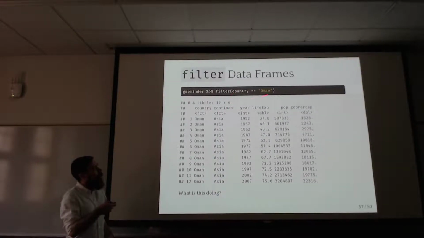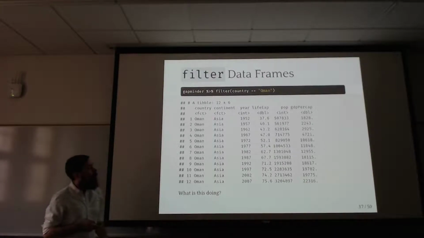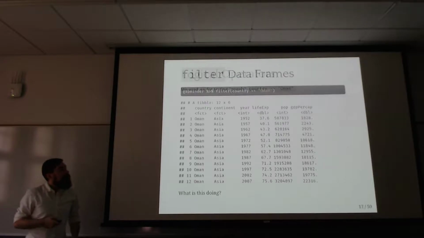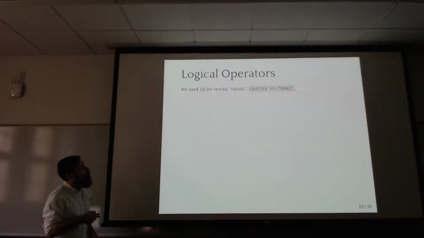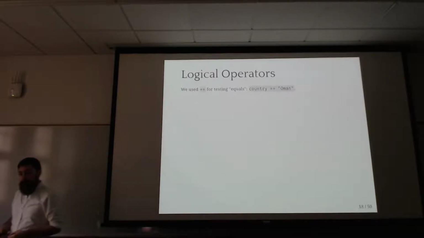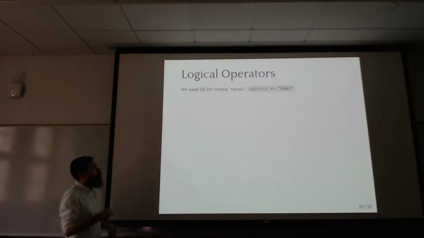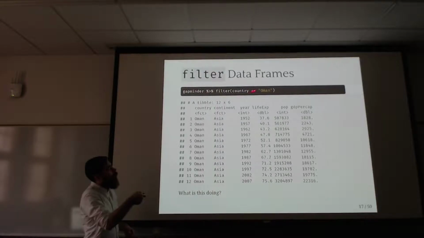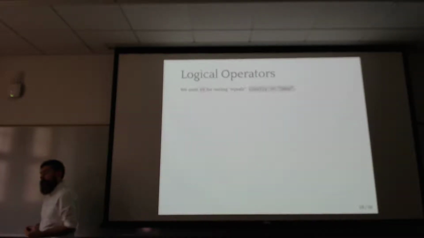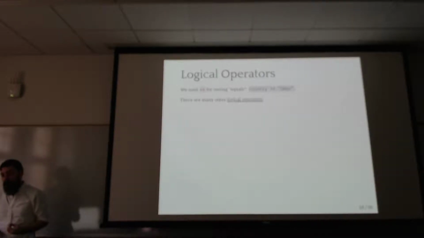Probably going to ask, well, what exactly is going on in here? What we're performing inside of the filter command is something called a logical operation or a logical expression. What we use right here, the double equal sign, is for testing equality of things. We said country equals Oman.